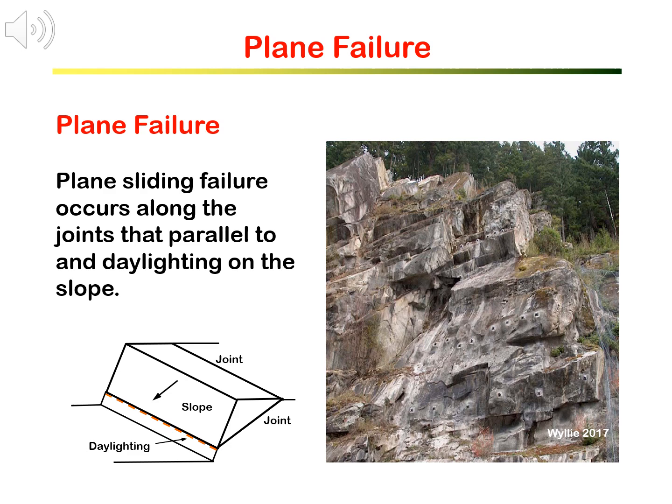In this situation, the discontinuities are daylighting on the slope face. Here, daylighting means the bottom end of the discontinuity can be seen on the slope face, as illustrated by the drawing below.